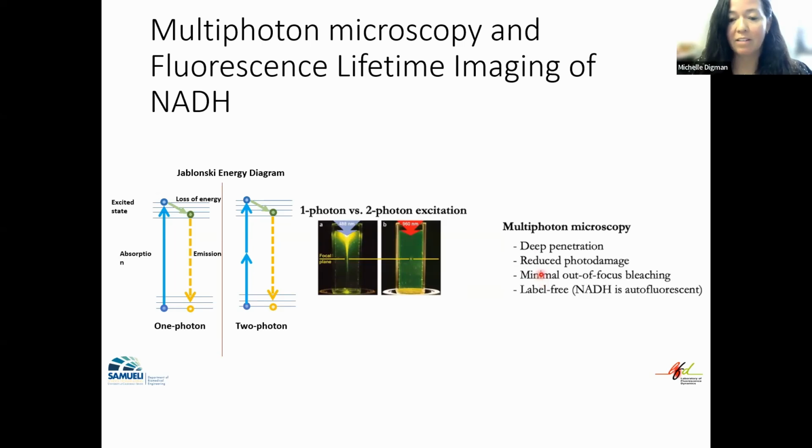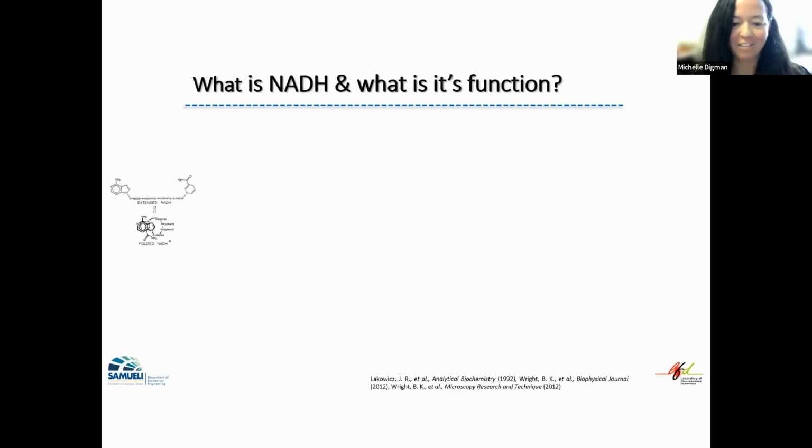You can also do second harmonic generation, a non-linear process that occurs in the tissue, and I'll talk a little bit later about that. But two-photon excitation has a lot of advantages due to the high probability and density of photons exciting the electrons of the molecule whose fluorescence you're interested in seeing.